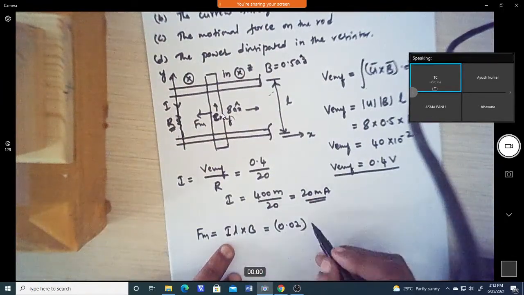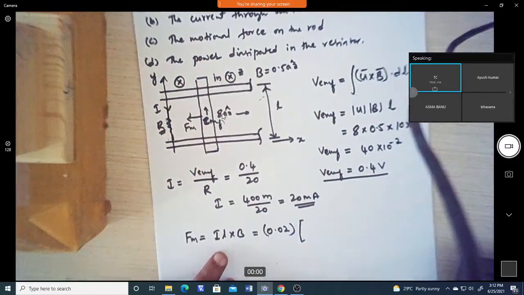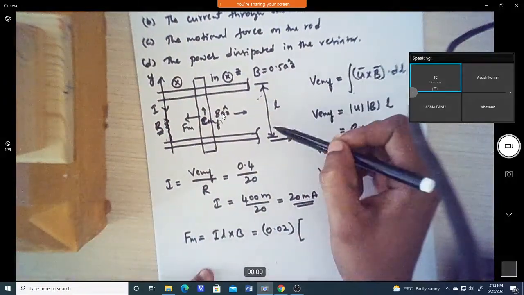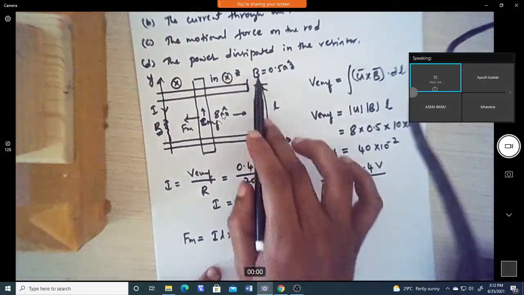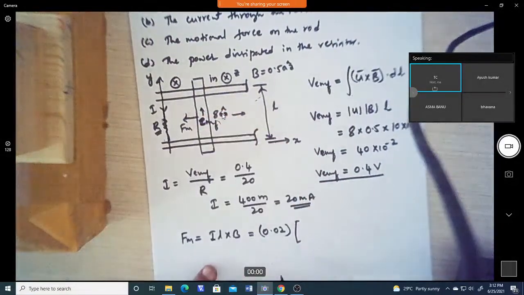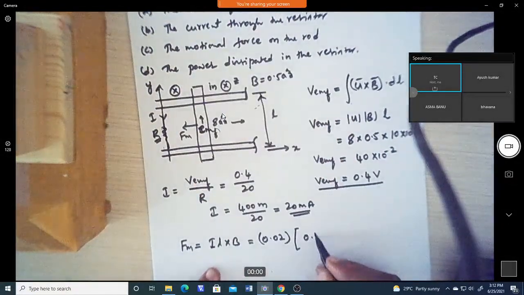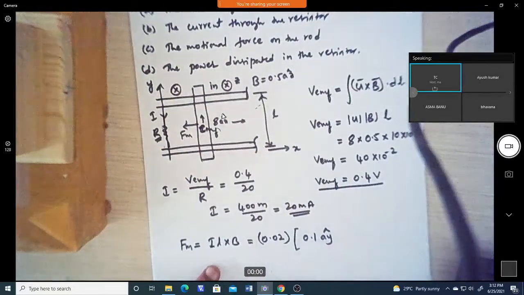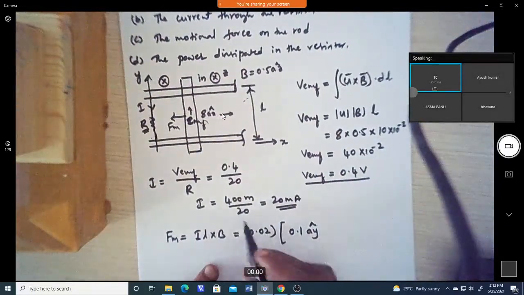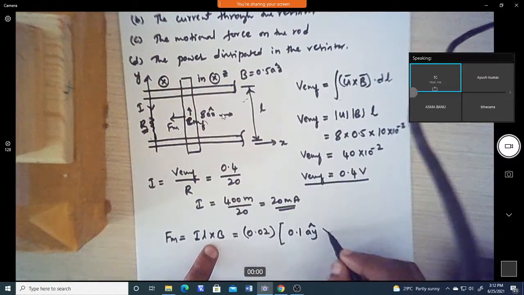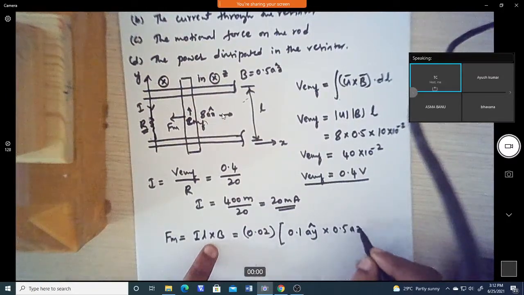So this into the B, which is actually 0.5 AZ, and the length, which is in the direction of Y. This movement is in the direction of Y, so we will take it as 10 centimeter, which is 0.1 in the direction of AY. Then again the cross multiplication with 0.5 AZ.